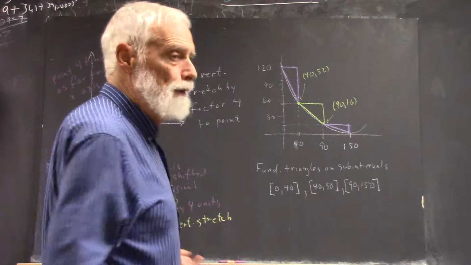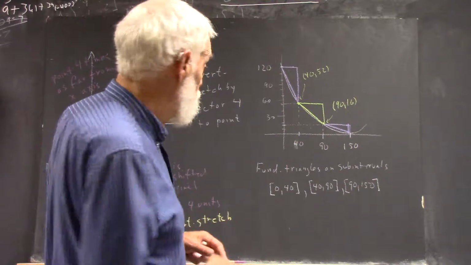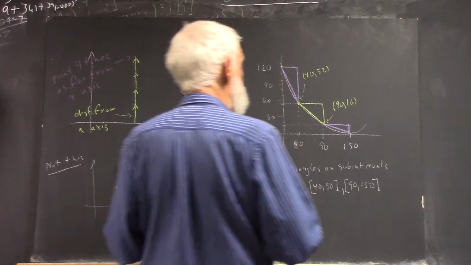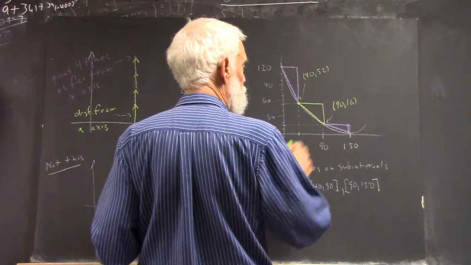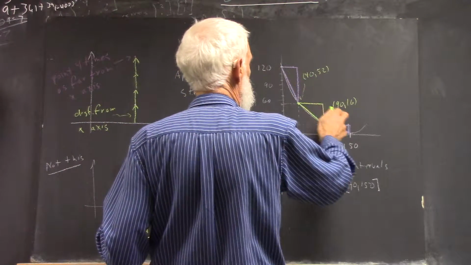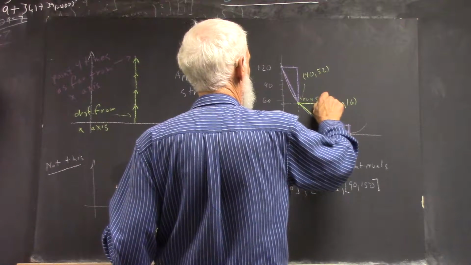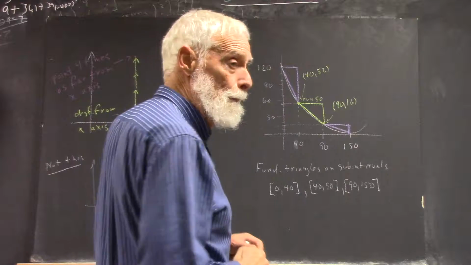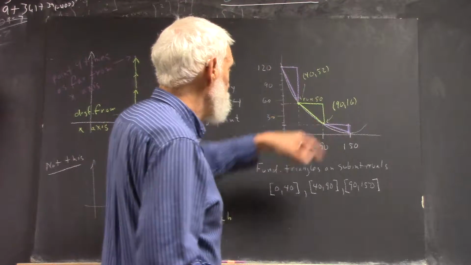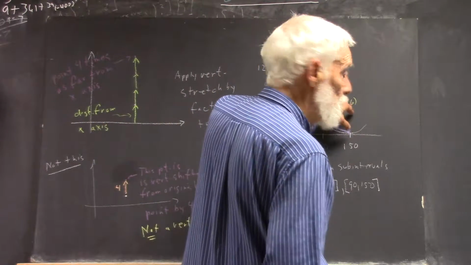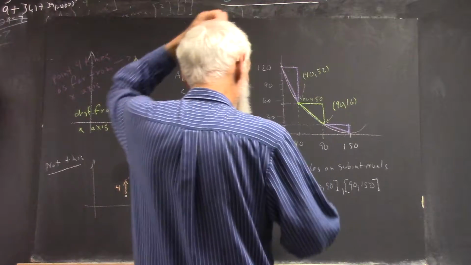Then from there, it's easy to calculate the rise and the run. I'm not going to go through the detail on that. But the run is going to be from 40 to 90. That's 50, right? But the rise is from 52 down to 16, which is negative 34.